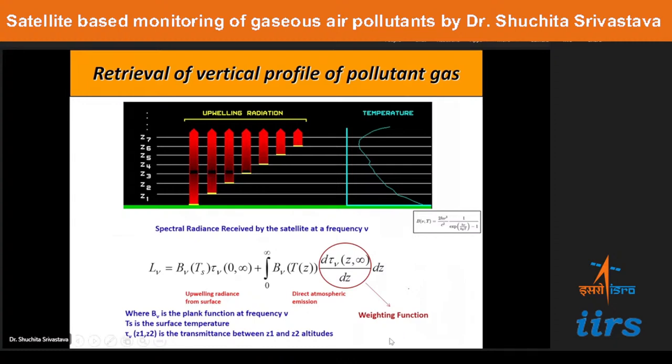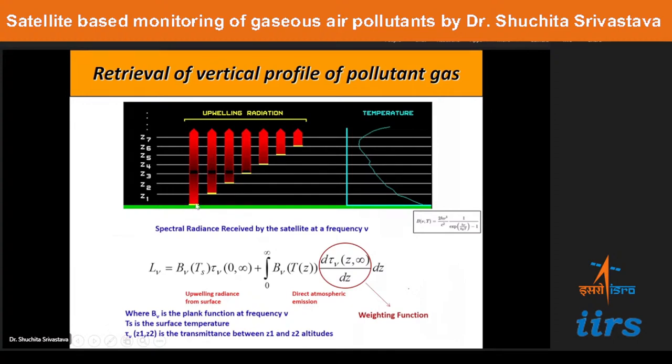We all know that every body with a temperature greater than 0 Kelvin emits radiation according to Planck's law, and this is the Planck's function B nu T: the total radiation emitted is a function of wavelength or frequency and the temperature of the body. So each body, even the surface of the earth and different layers of the atmosphere, will emit radiation at different wavelengths according to its own temperature.